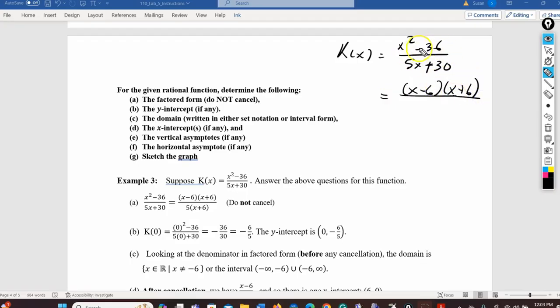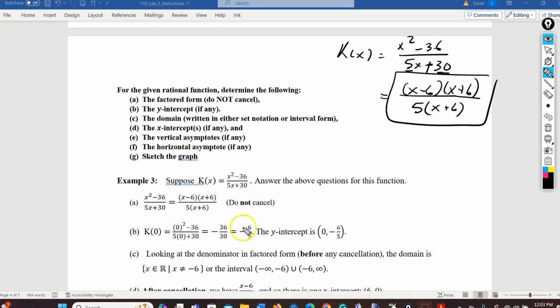That was one of the rules for factoring. This, well, what do they have in common? They have a 5 in common. And after factoring, we have an x plus 6. So this is the factored form. Do not cancel. This is the factored form.